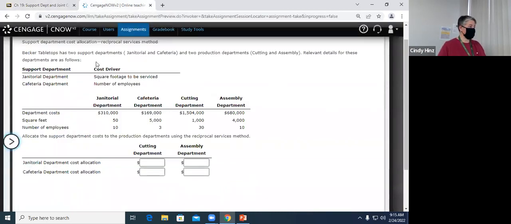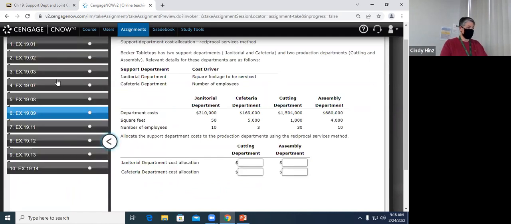So let's go to SEE Now for chapter 19. These are the chapter 19 exercises. As I said last week, and I repeated at the beginning of class, last week we did exercises 1, 2, and 3 together. I'm just reminding you because it's been a full week since we did this.